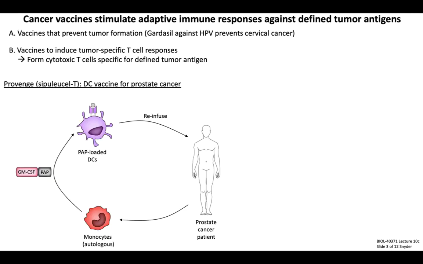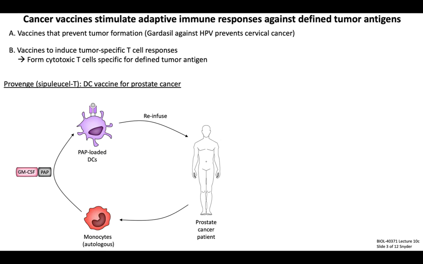Making this type of dendritic cell-based vaccine is a bit more complicated than some of the vaccine formulations that we learned about back in week 8. For dendritic cell vaccines, you start off by isolating peripheral monocytes from the blood of the prostate cancer patient.